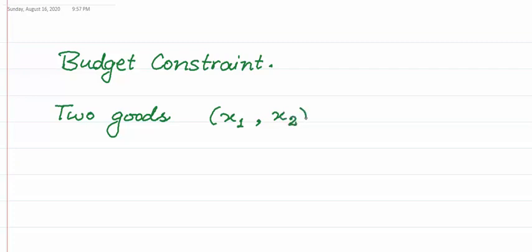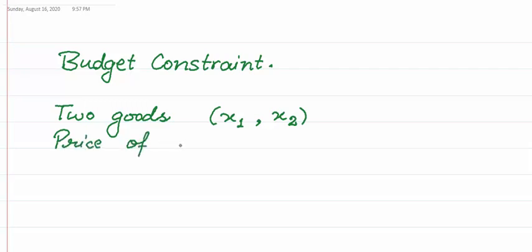For the sake of convenience, we took two goods consumed by the consumer, and we assumed that good 1 is any good that the consumer consumes, denoted by x1, and good 2 is the set of all those goods that the consumer can buy. So we just assumed that good 2 is nothing but the money with the consumer. Next basic requirement was the price of the goods.